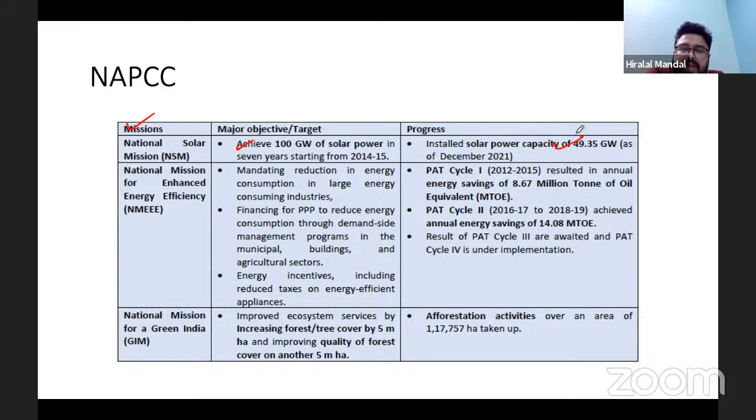So we expect an extension or postponement of this objective. We will revise the target and set probably 2030, by when we will probably get more gigawatts of solar power energy. In fact, now what we see is that solar power capacity is getting the finance.